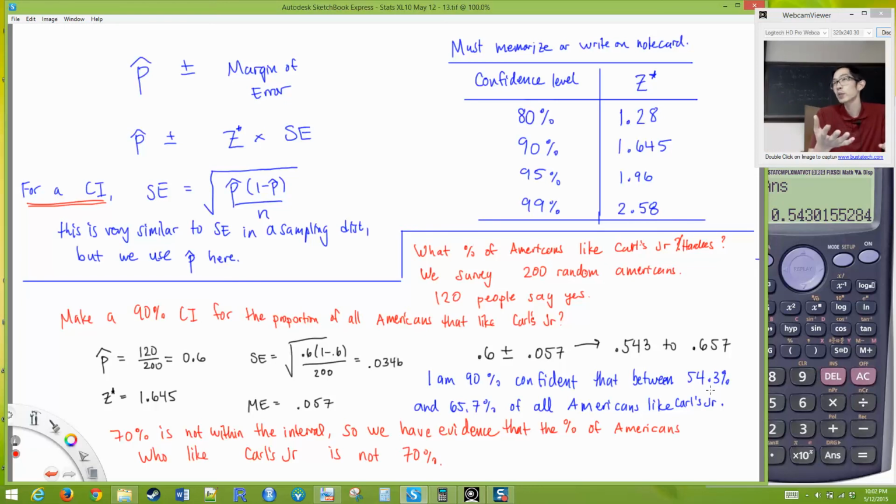It doesn't prove that it's 63%, but we don't have evidence against that. We're only 90% sure. So with 70, we just say we're 90% sure that it's not 70%. We can say something like that. Or we can even increase the confidence level to something a little higher.